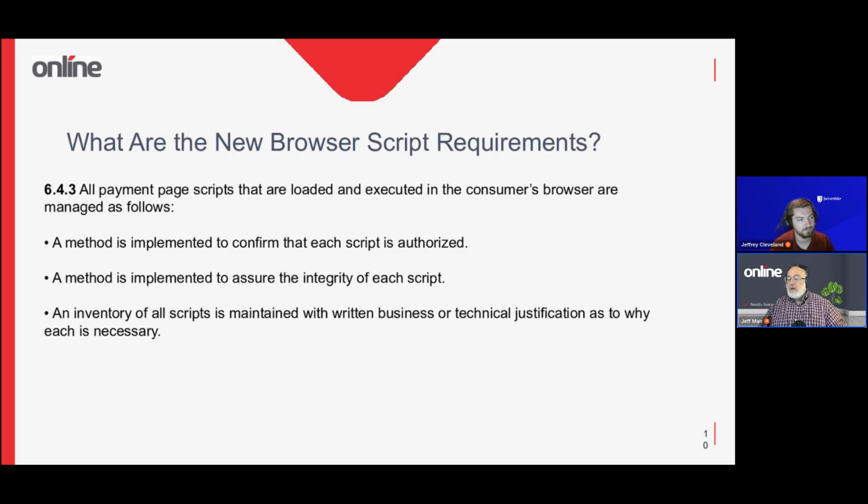So the requirements, by now you should have read them. You probably are familiar with them, but just a very brief recap. 6.4.3 is talking about all the scripts, usually JavaScript is what we're talking about, that are loaded and executed in a consumer's browser being managed as follows.